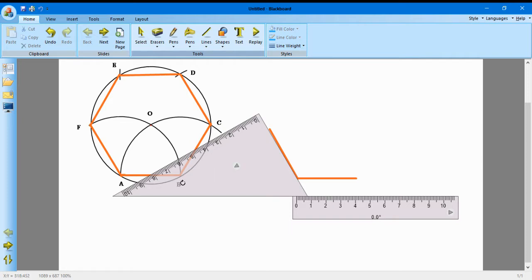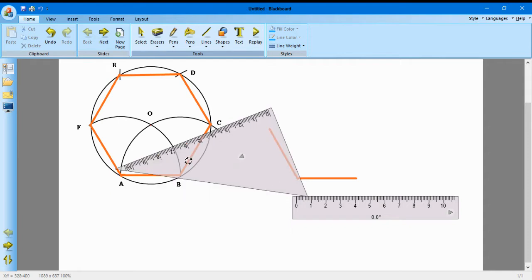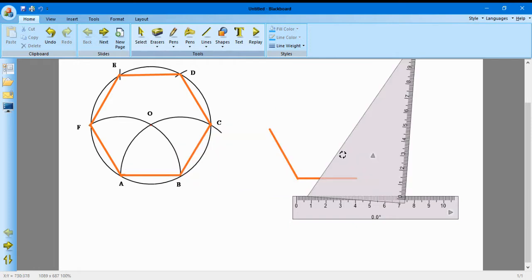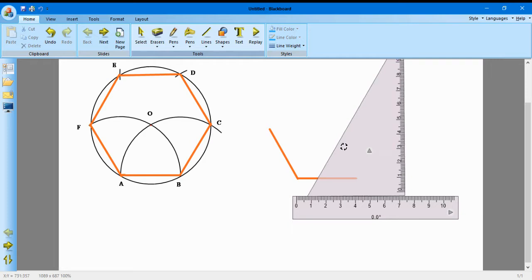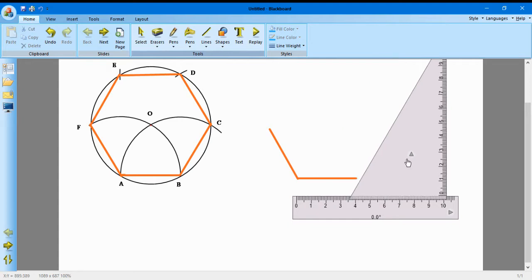Now, look at the way I set my set square. Now, what I'm going to do, I'm going to turn it around. Okay, look at this. I'm turning around my set square this way. Make sure it is flat with your T-square, and I will move my set square this way.